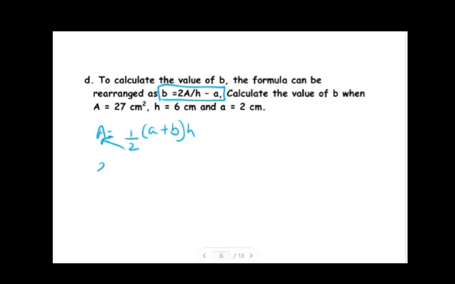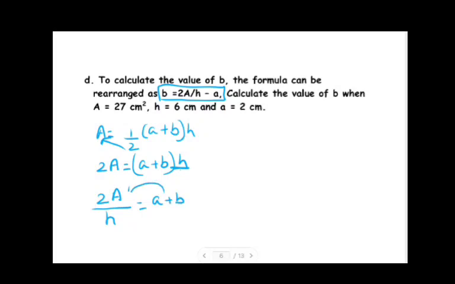So this becomes 2A is equal to (a plus b), the whole thing into h. There is a hidden multiplication sign between (a plus b) and h. So I will shift it to the other side, and when I shift it to the LHS, it comes in the denominator. You have to divide 2A by h. We are left with a plus b.